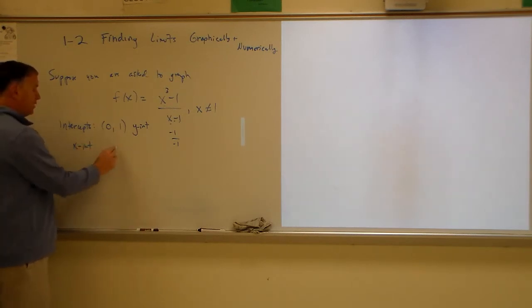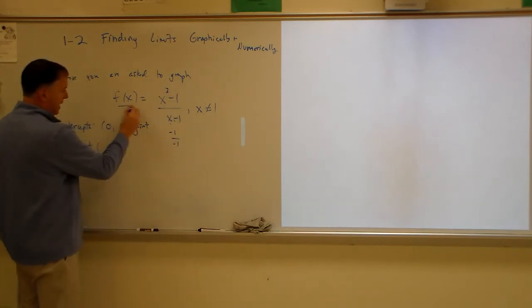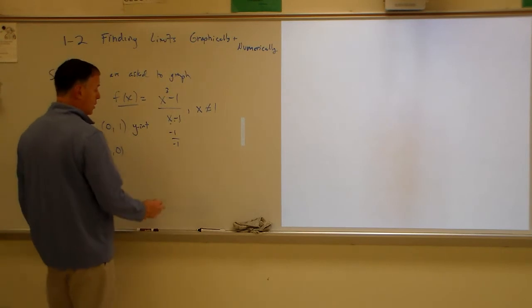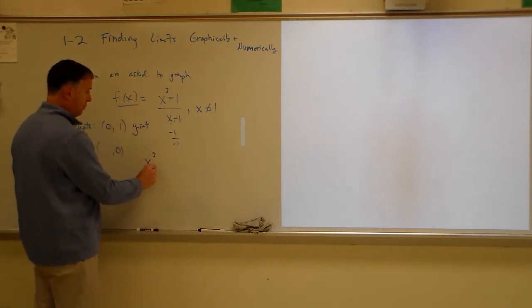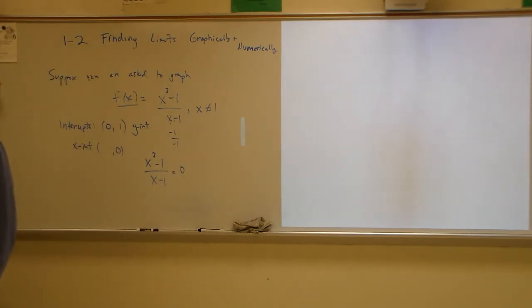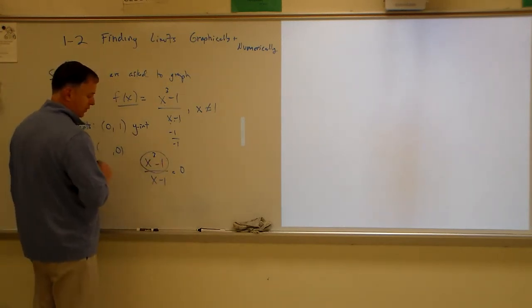That means I'm going to plug a 0 in for y. When you plug a 0 in for y, that's f of x, another way of saying y. So if I let x cubed minus 1 over x minus 1 equal 0, in order for a fraction to equal 0, the numerator has to equal 0.